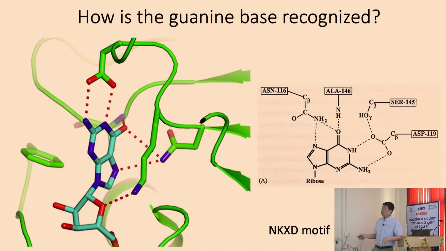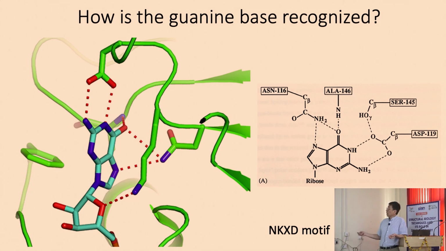So I showed you this morning how adenine is recognized by protein kinases. G proteins recognize the guanine base also very, very specifically. Especially there's an NKXD motif, NK right here, D right there. That motif is shared among many, many G proteins.